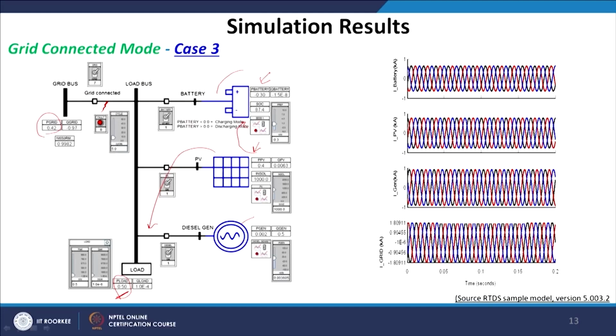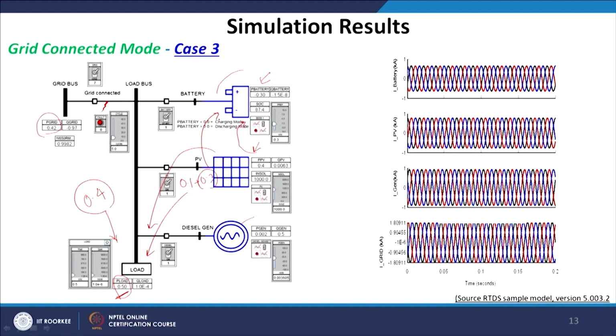So, for the 0.5 of load, 0.4 is coming from my main grid and 0.4 is the output of my solar, of which 0.1 is coming for my load and 0.3 is going towards my charging.